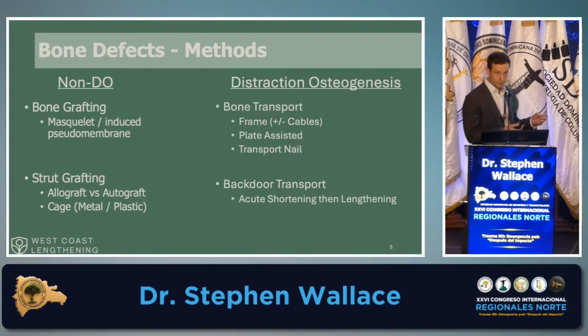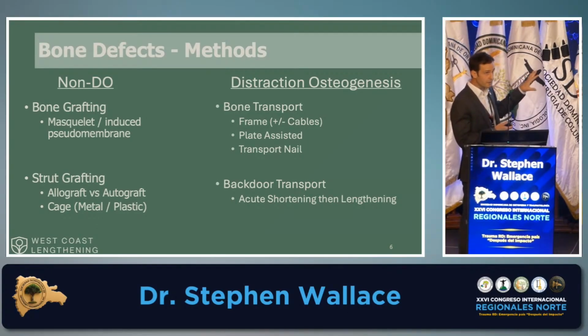But general methods of fixing bone defects, I categorize in two different columns. One is with distraction osteogenesis, or growing new bone, and one is non-distraction osteogenesis. On the left column is how most of us were traditionally trained: bone grafting, whether that's Masquelet or acute bone grafting, or strut grafting.